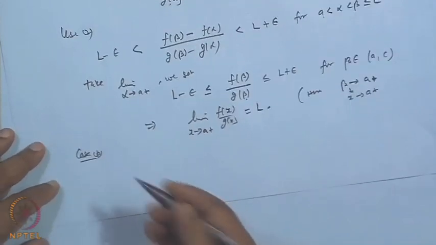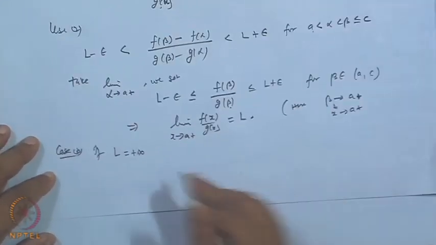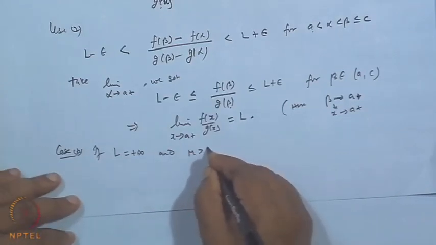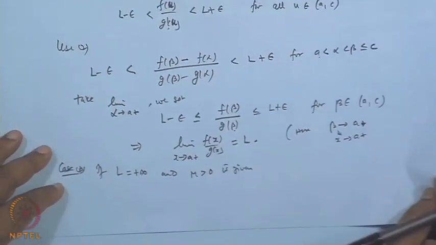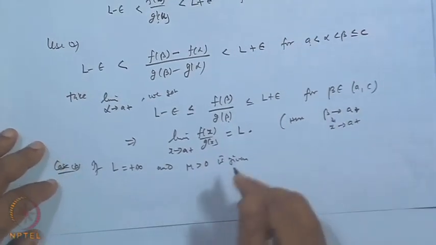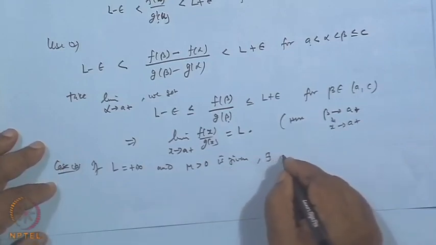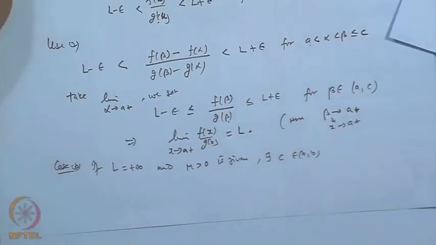when L is plus infinity, and if m greater than 0 is given, because the limit is given to be L, which is infinity. So, what do you mean by this? It means that there exists a C belonging to (a, b).